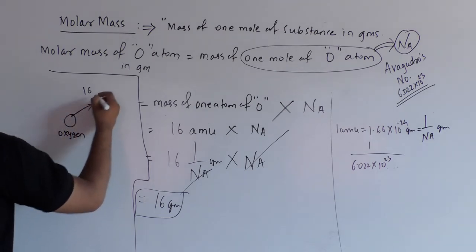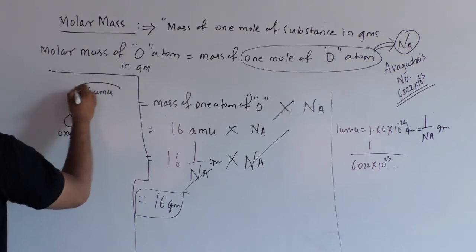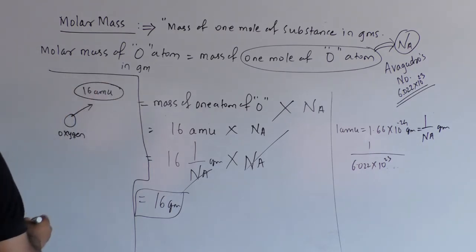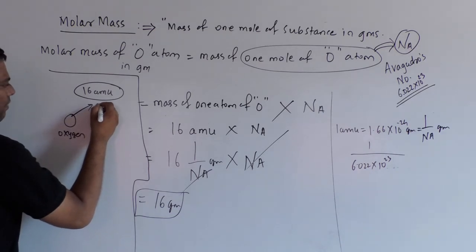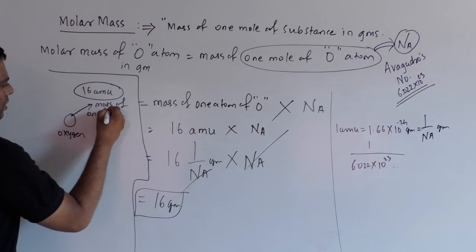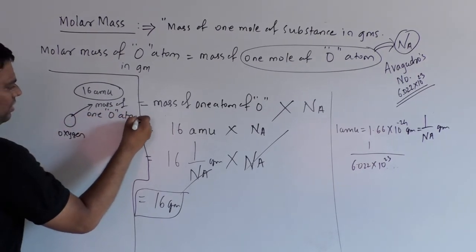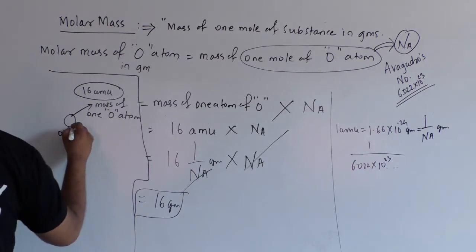So 16 AMU. Suppose मी काय लिहिलं 16 AMU. So beta this 16 AMU is what? Mass of one oxygen atom. Okay.